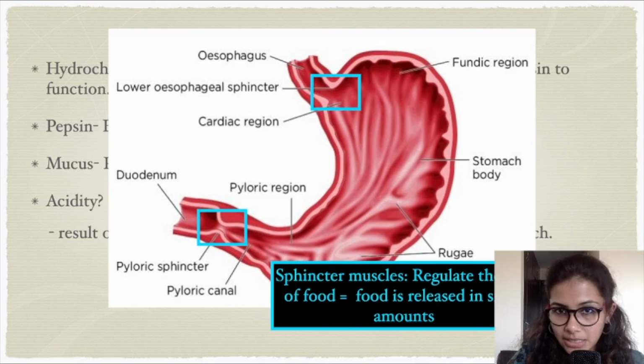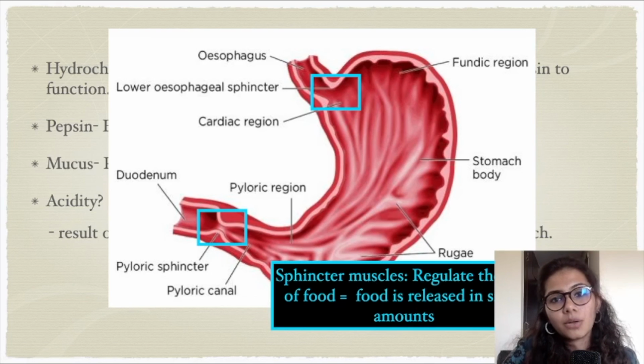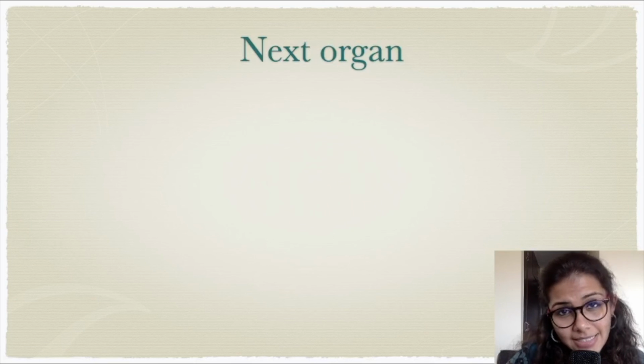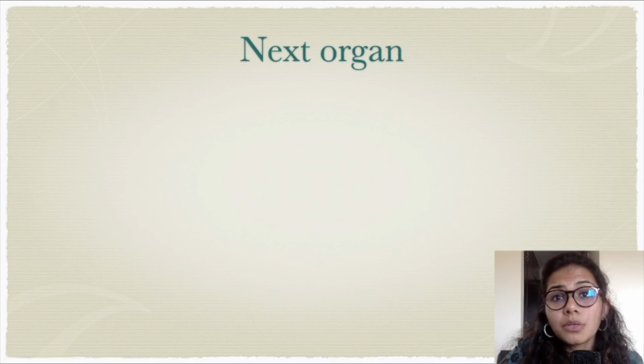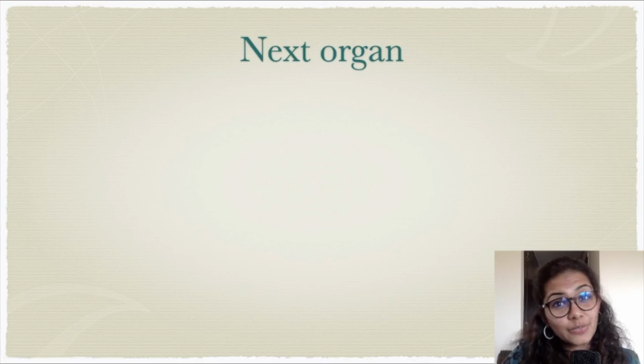When these sphincter muscles start showing a little problem, sometimes the undigested food goes back from the stomach to the mouth. So that backlash is also prevented by sphincter muscles, and they make sure that food is released in small amounts. In the next class, I'll be showing you another video which will demonstrate these peristaltic movements as well as the functioning of the sphincter muscles.